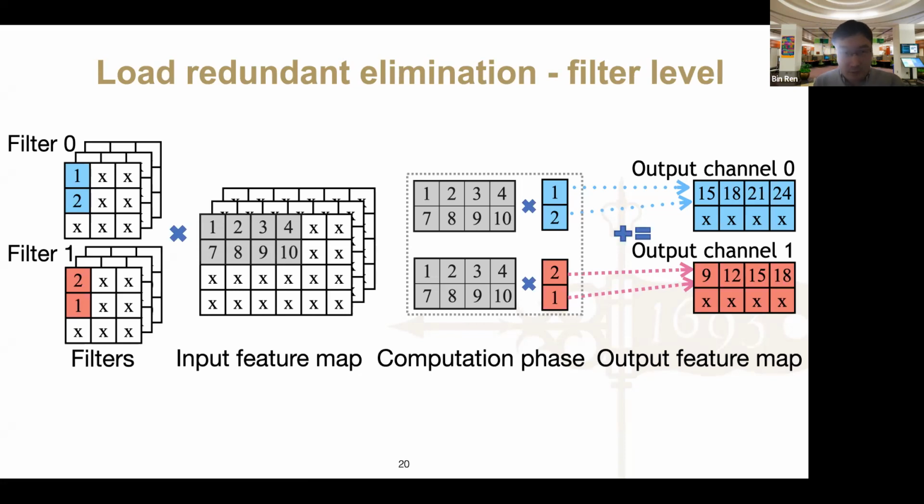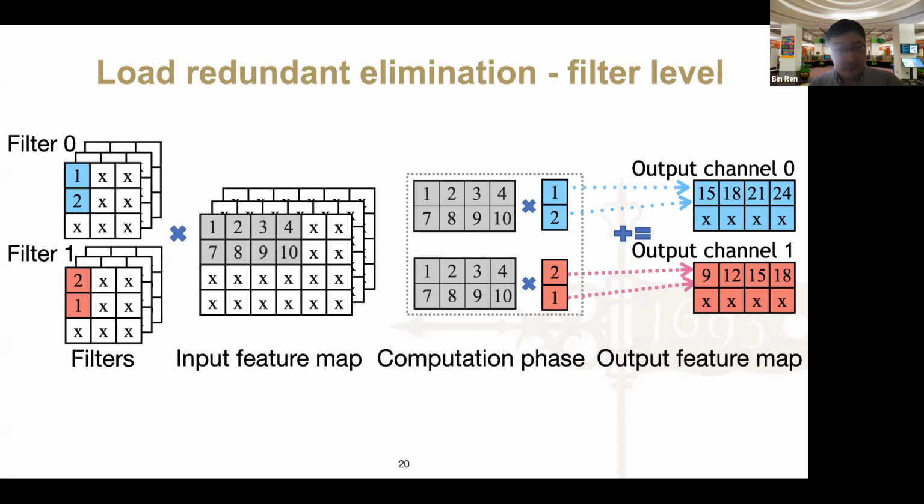This kind of opportunity is relatively easy to find in a dense model. However, in the sparse model, it's not easy to find such opportunities. We can do this because of the pattern-based pruning, because we have certain patterns, and this pattern information helps us explore such load redundancy elimination opportunities.